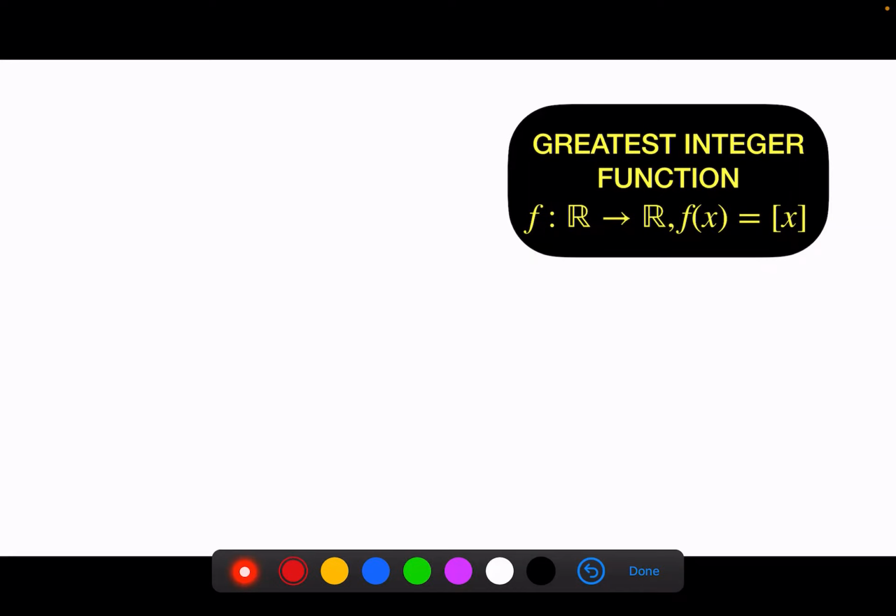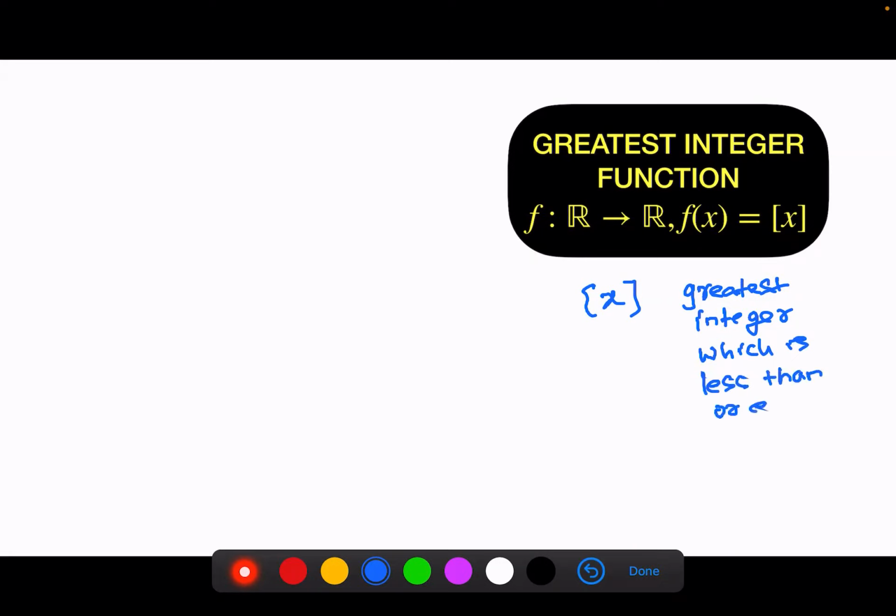You have this square bracket notation. What this function is really telling you is, if you take x, it gives the greatest integer which is less than or equal to x. Okay, so that is what it is giving. We'll run through some examples. Suppose x is 2.